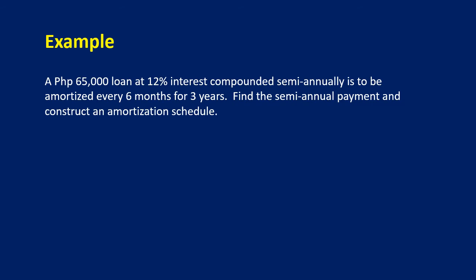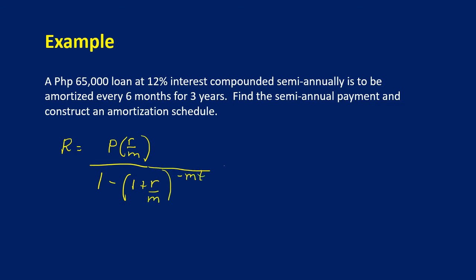So what is now the formula again for your R? If you can recall, that is R equal to P times R over M all over 1 minus 1 plus R over M raised to negative MT. P is the present value or the original amount of loan.